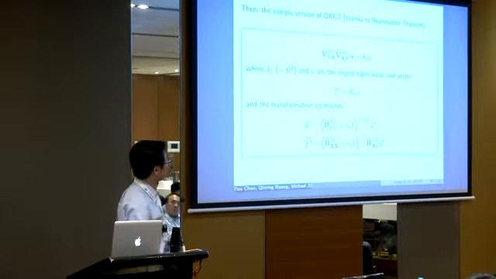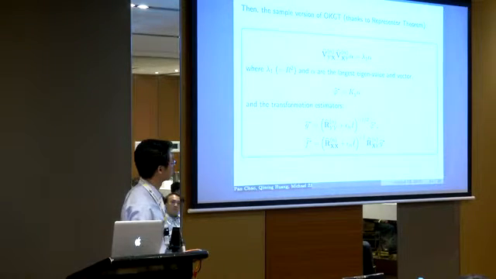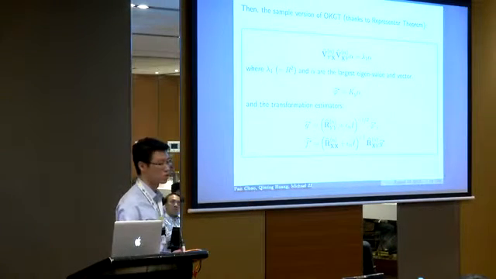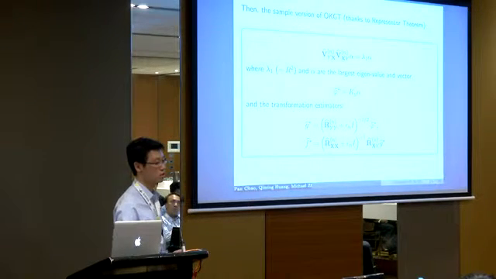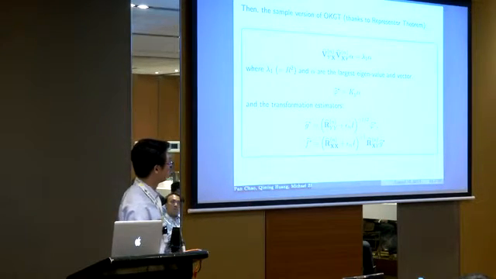Now the sample version of OKGT is given in this box, and you just need to perform an eigendecomposition to get the largest eigenvalue and eigenvector. The eigenvalue is the empirical R squared, and this alpha is the expansion loading for the functions in the kernel space. Then G and F are similar to the previous population version.